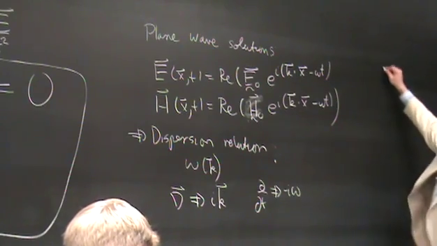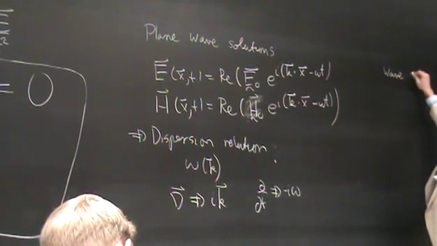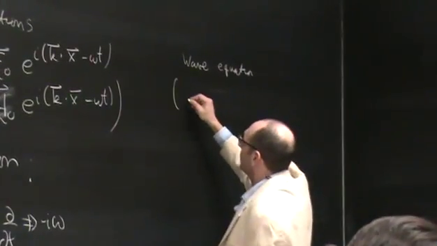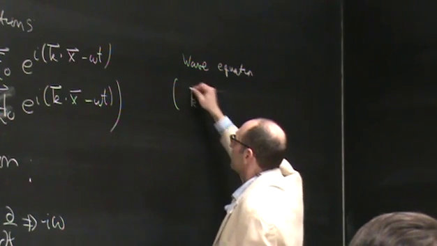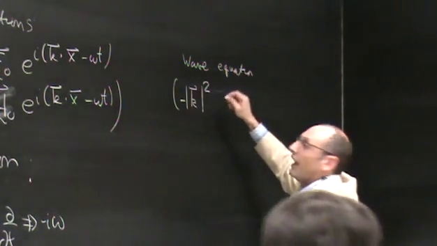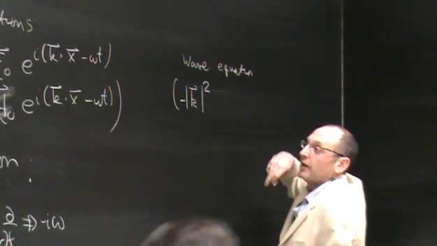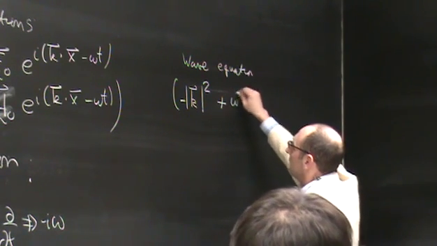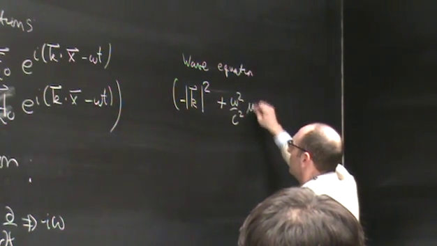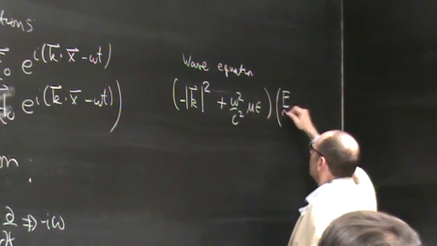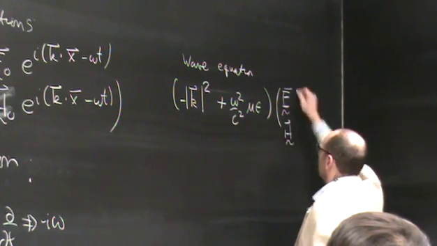So the wave equation then says: ik dotted into ik is minus the magnitude of k squared, and then i omega times minus i omega is minus omega squared over c squared, mu times epsilon, times E twiddle, H twiddle, equals 0.